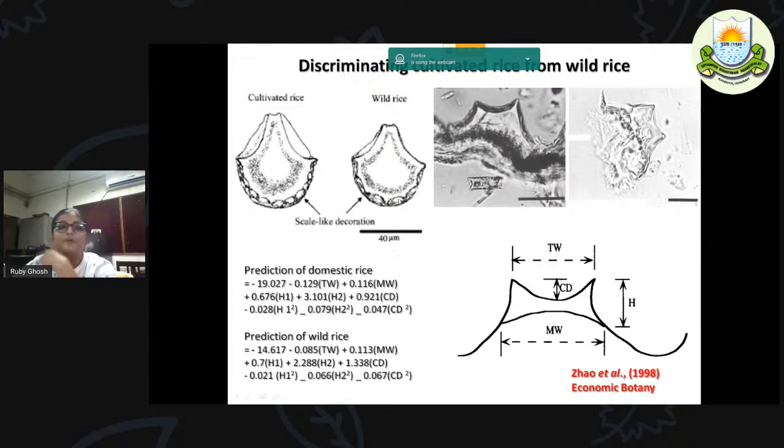But in wild rice, these are smaller in size with fewer ornamentations. In cultivated rice, they are quite a bit bigger, with a large number of ornamentations, generally more than 14, and in wild rice it is always between 9 to 14. So in this way, even if you don't get the bloom cell, these bulliform cells can help you in identifying the rice domestication phase.